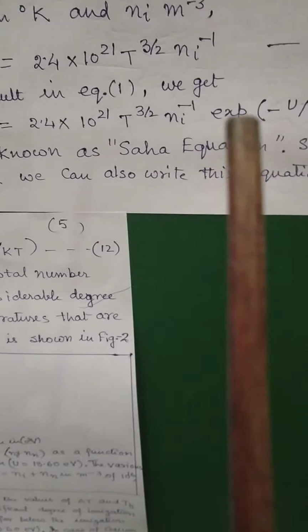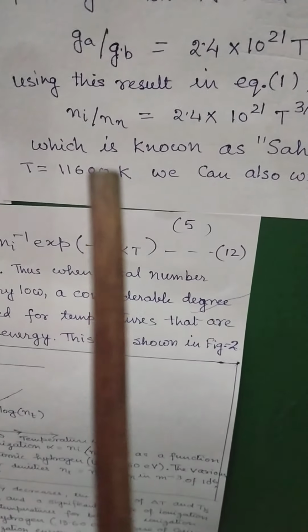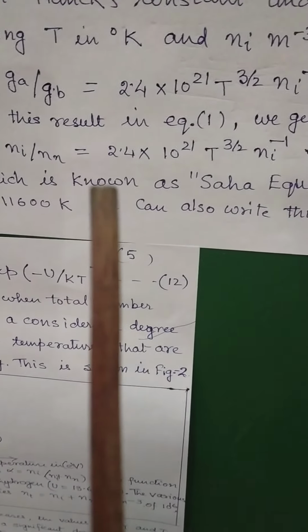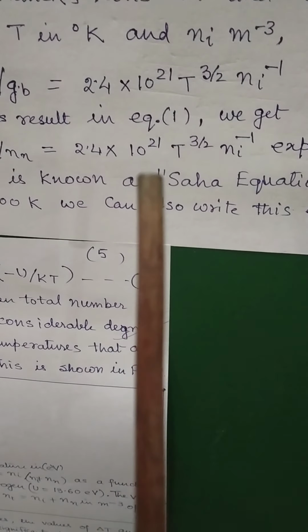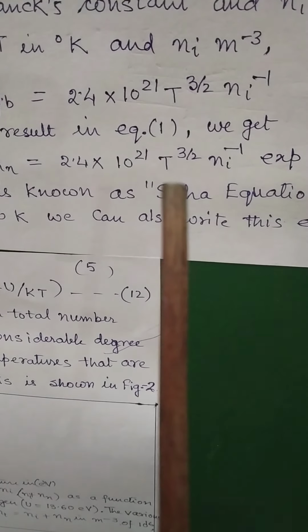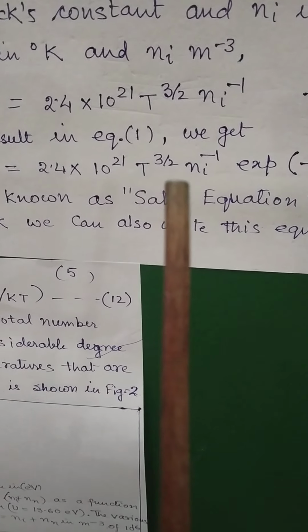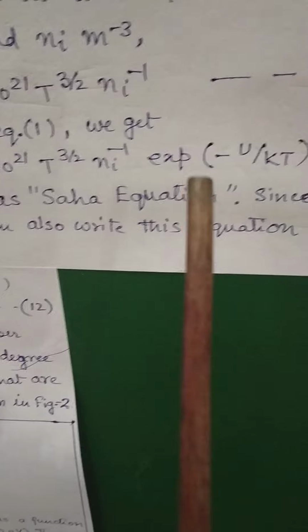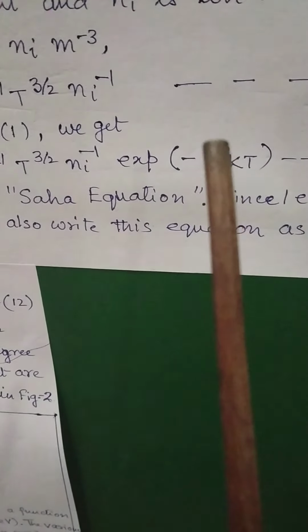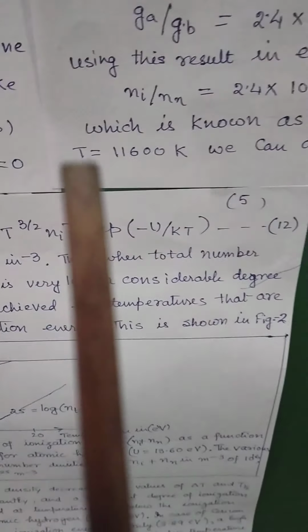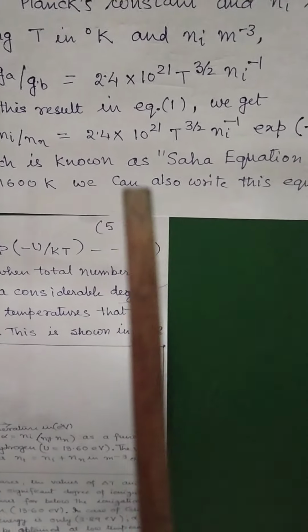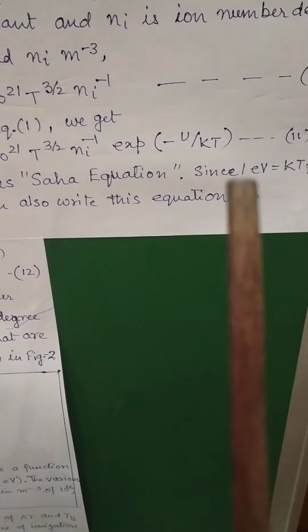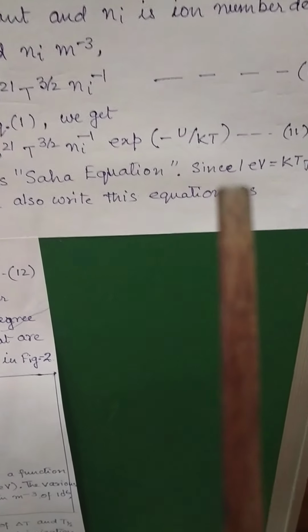Now, using this result in equation 1, we get ni upon nn equal to 2.4 × 10^21 T^(3/2) ni^-1 exp(−U/kT). Let it be equation number 11. This equation is known as Saha equation or Saha's ionization equation.